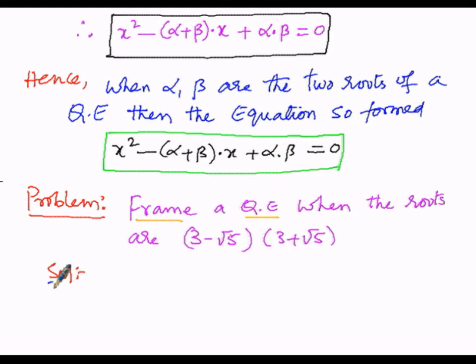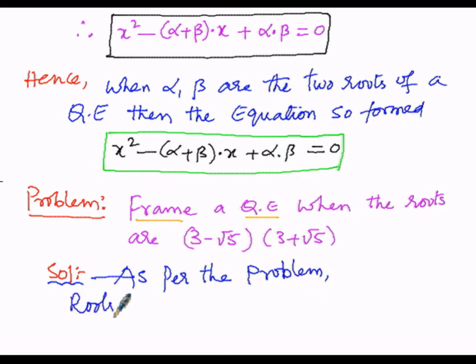So in our solution, as per the problem, the roots of the quadratic equation are 3 minus root 5 and 3 plus root 5.